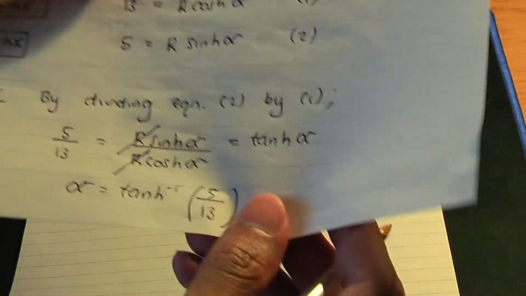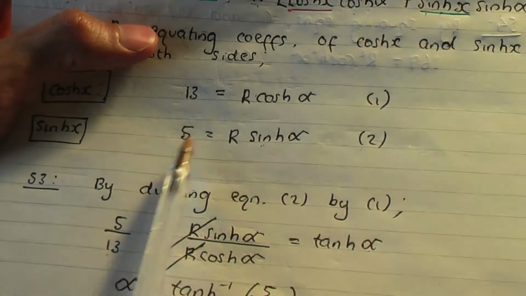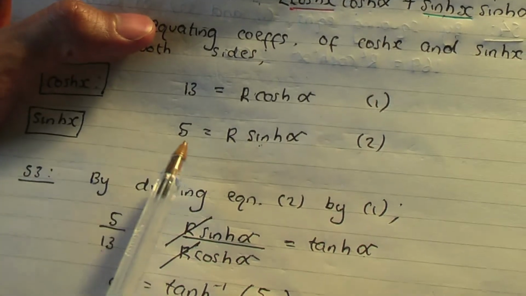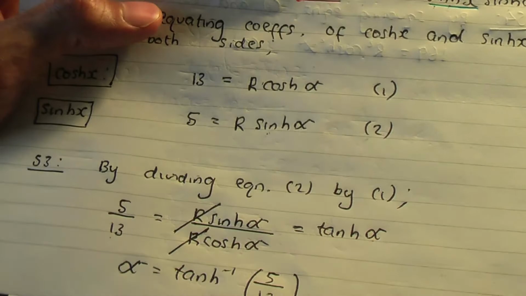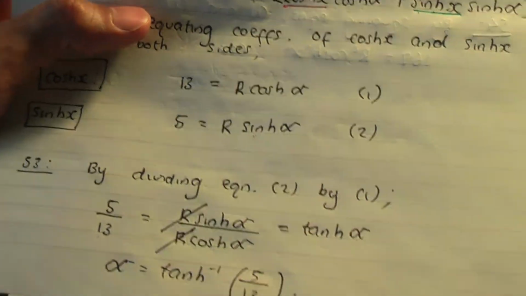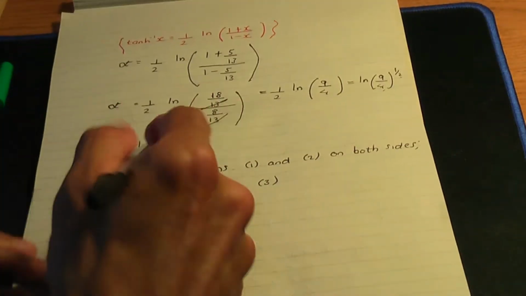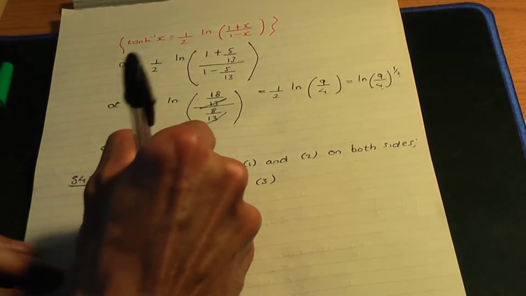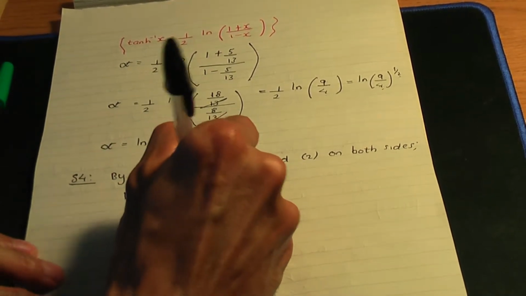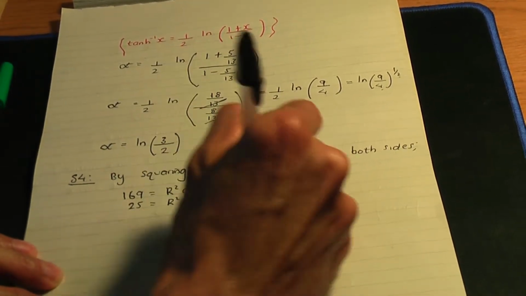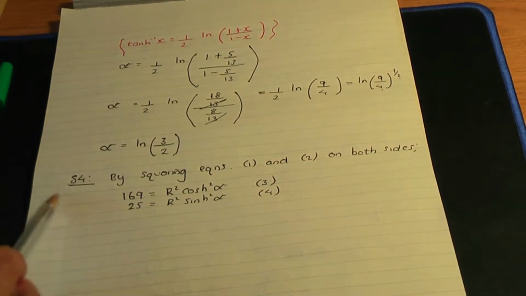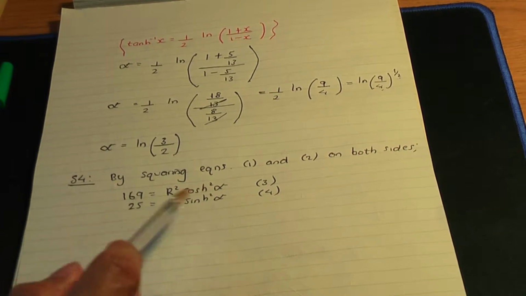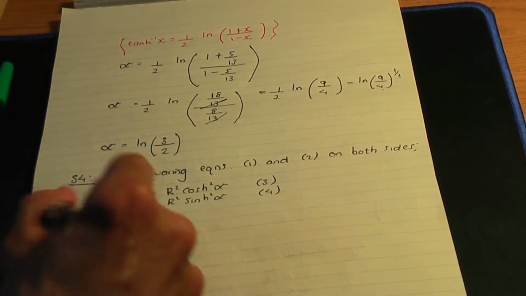If I do the same operation to equation 2, squaring both sides, 5 squared being 25, that is equal to r squared hyperbolic sine squared alpha. Let's call that equation 4. So step number 4 is to square your equations 1 and 2 on both sides.